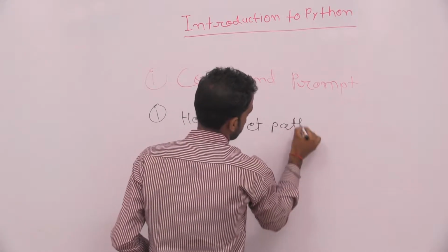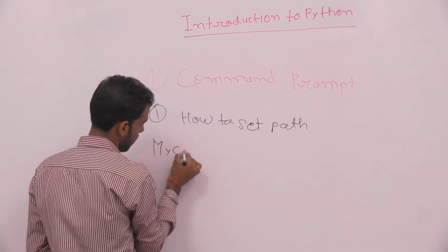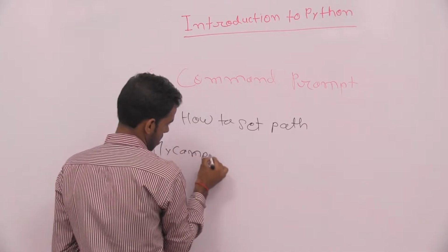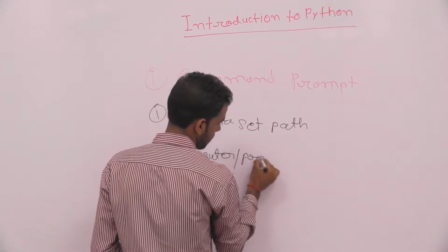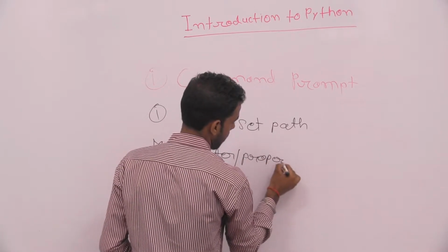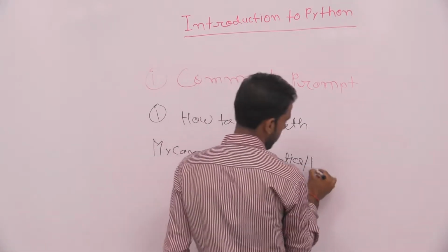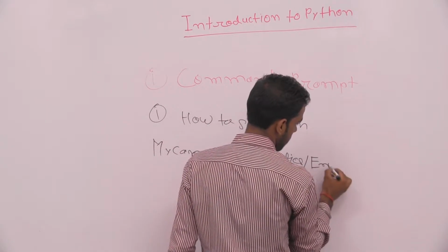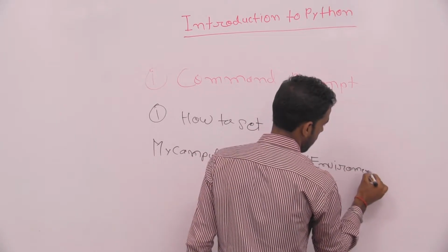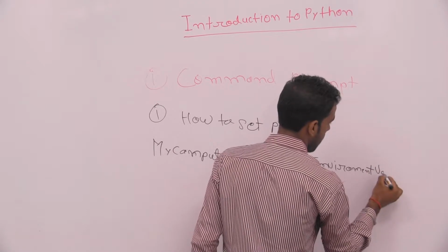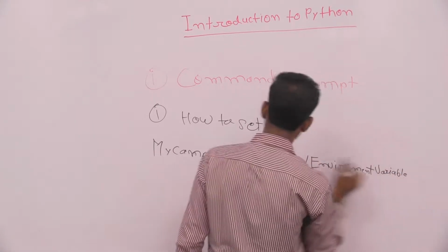For setting the path, we just right click on My Computer, then Properties, then click on Environment Variables, then click on New.